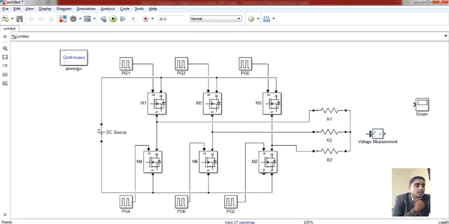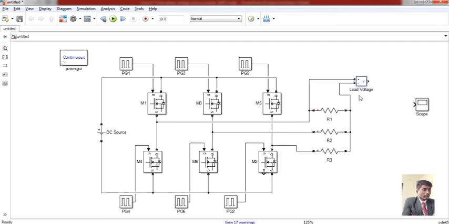And the scope has only one terminal, so I will increase the inputs of the scope. For the voltmeters, we will connect them to the scope so we get the graphical output as phase voltage and line voltage.